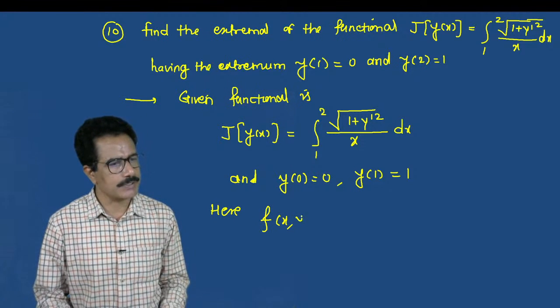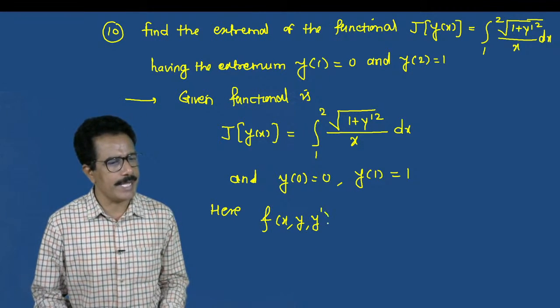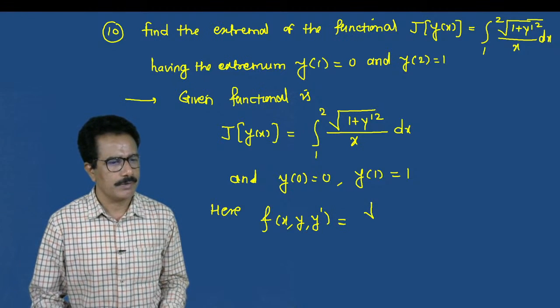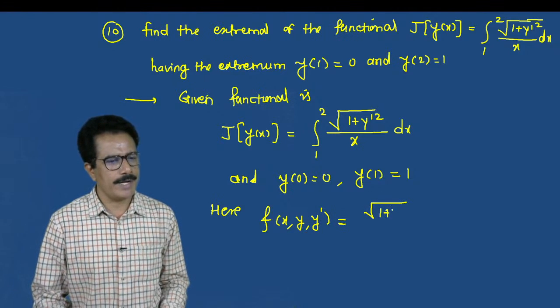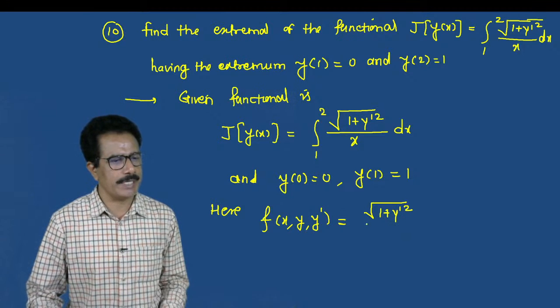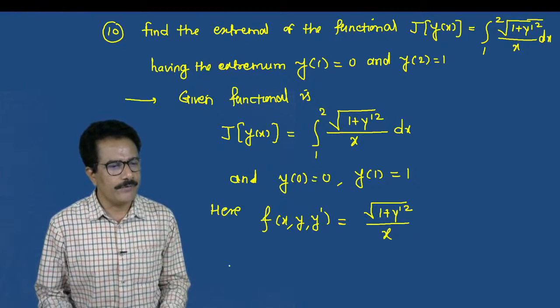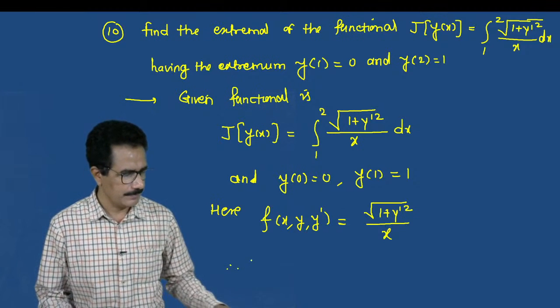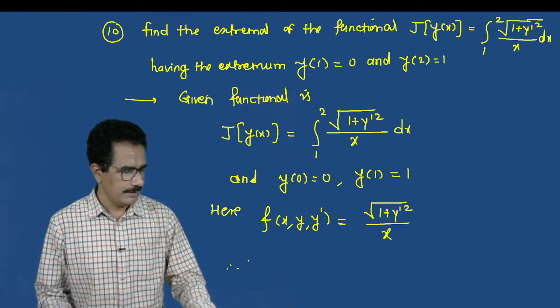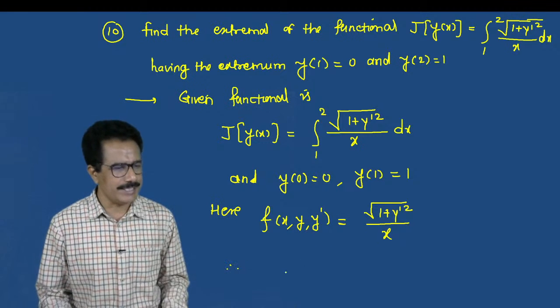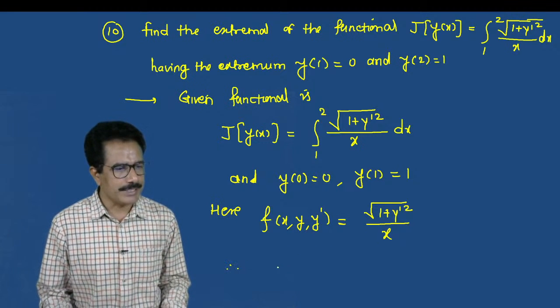Here f of x comma y dash is equal to root of 1 plus y dash square divided by x. So we have to calculate. आता ॲक्च्युअली इथं y नाहीच आहे, y ची टर्म नाही आहे.